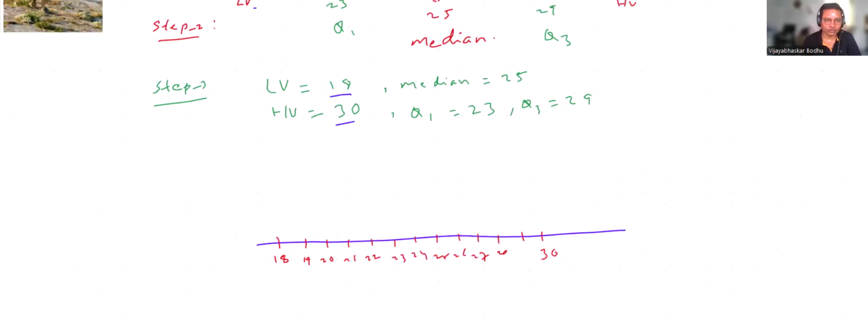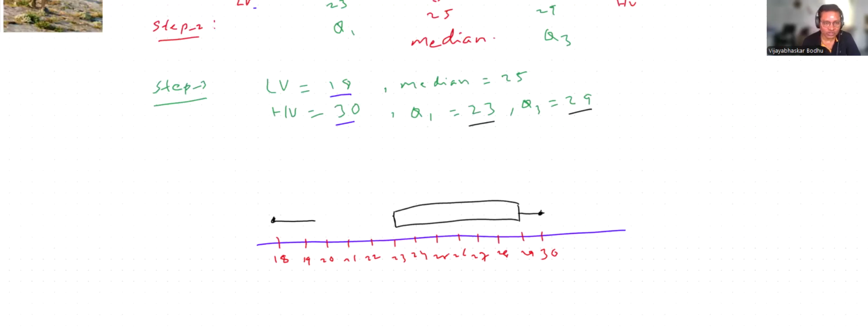Now, at the least value put a dot mark, and also at the highest value put a dot mark. Q1 is 23. At 23, just draw a line like this. And at 29, Q3, also draw a line like that, and join them. That's a box. And from the box, join these two dots.